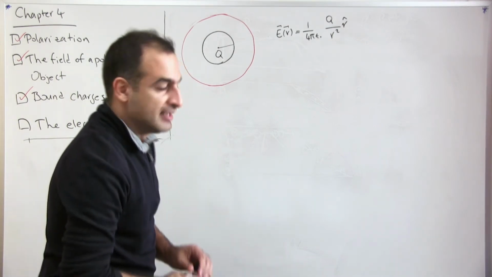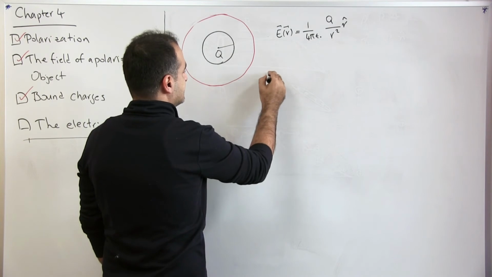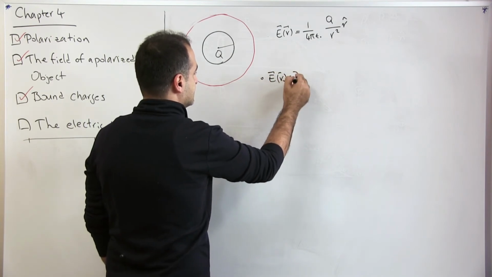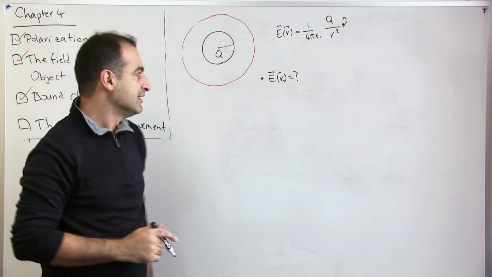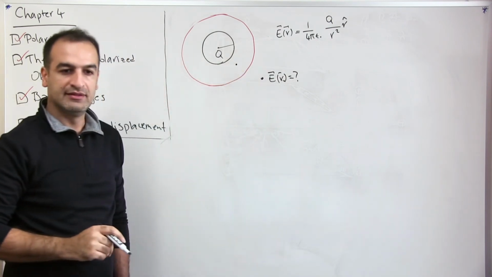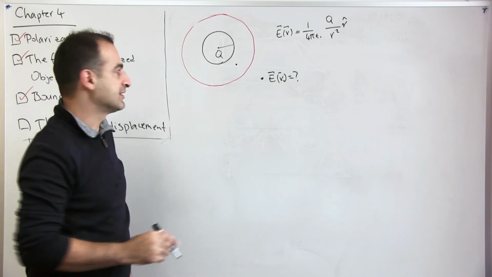So now what is the electric field here? What is the electric field at this point? What is the electric field right here in the middle of this dielectric material?